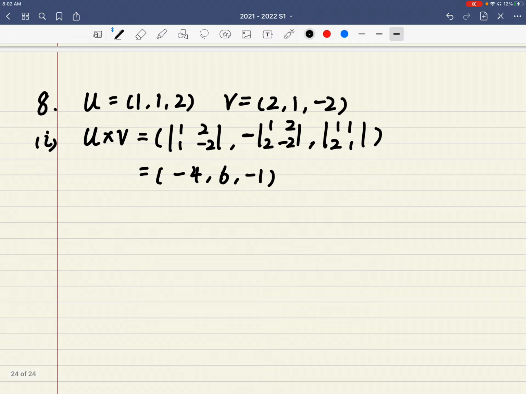Let's call this vector n. So you know n, but it's not enough. We also need to get the unit vector. The unit vector is n divided by its length.